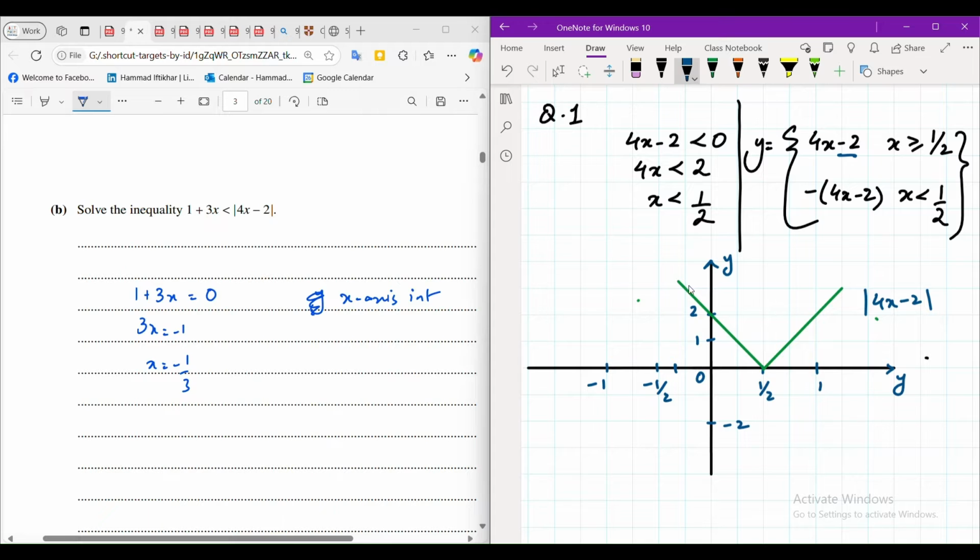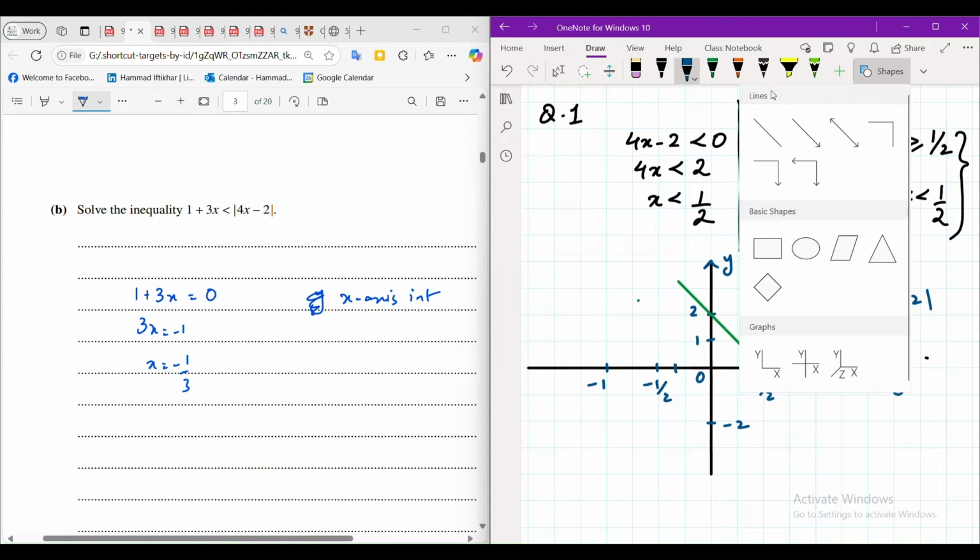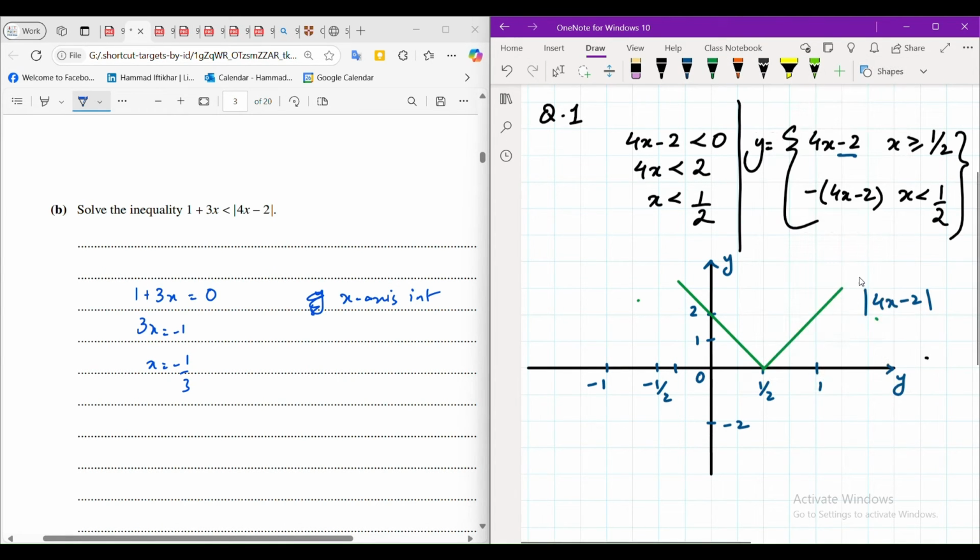And this is also crossing over here. So let's use orange just to show that this is going somewhat like this. And somewhere along the way, when it's extended, it will also intersect that, because the gradients are different, so it will definitely intersect.